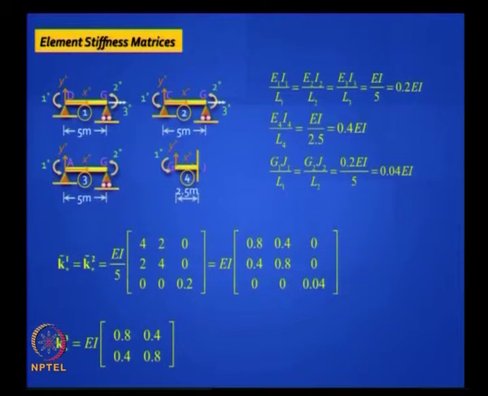For the third element, it is a conventional beam element, remember 4 EI by L, 4 EI by L, 2 EI by L, 2 EI by L. And for the last element, what will it be? It is going to be 1 by 1. It is a cantilever, right? So what will be the formula? EI by L, that is it. And L for this is 2.5 meter. So you are ready with all the K matrices.